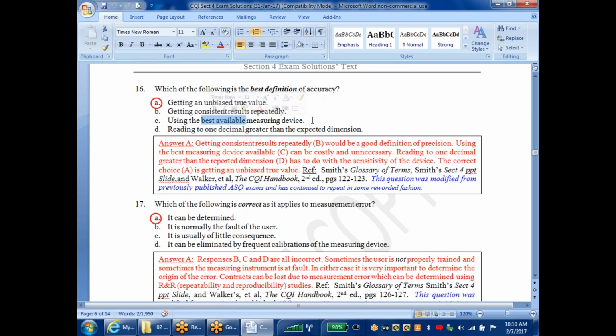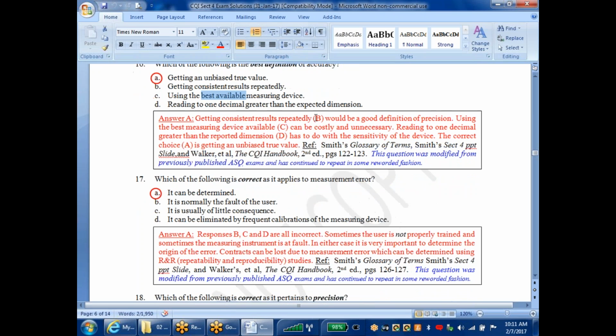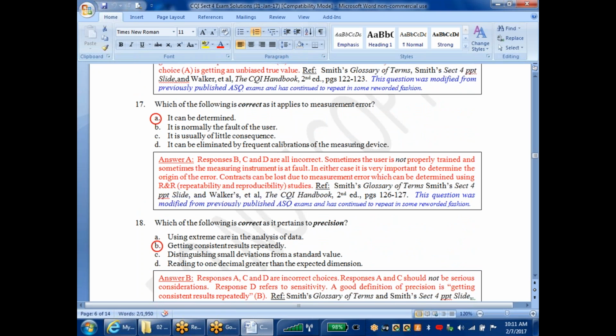Why use that when you don't need to? And then reading to one decimal greater than the expected dimension, well, that's sensitivity. So this is like an earlier question, and it's more of a definition. I think we have one repeating similar to this a little bit later.